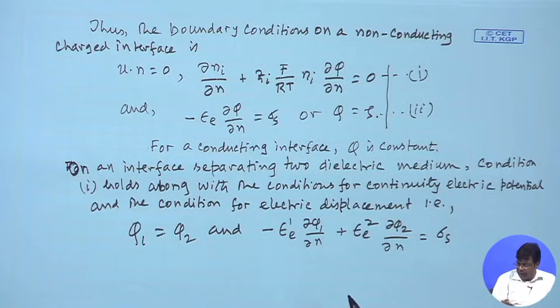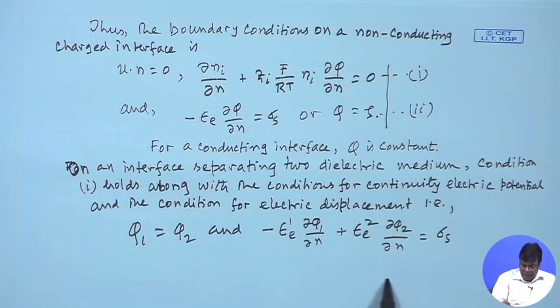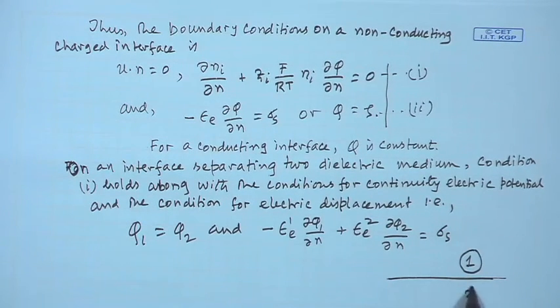On a perfectly conducting surface, phi will just be a constant; that is, the electric potential will assume a constant value. So, that is the way when you consider two dielectric media 1 and 2, they are coupled.